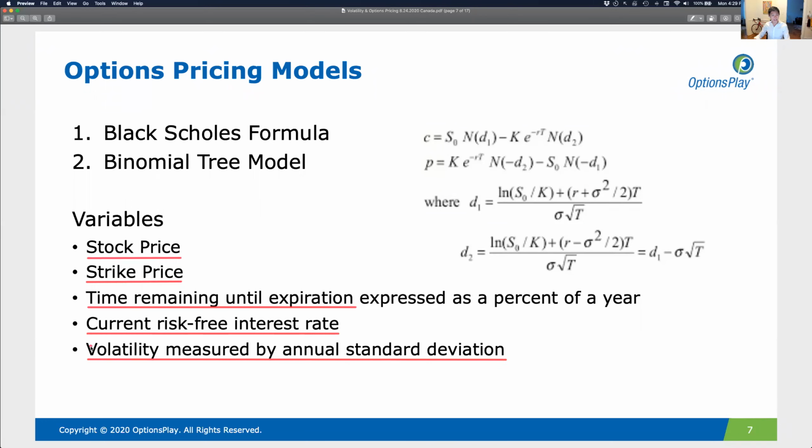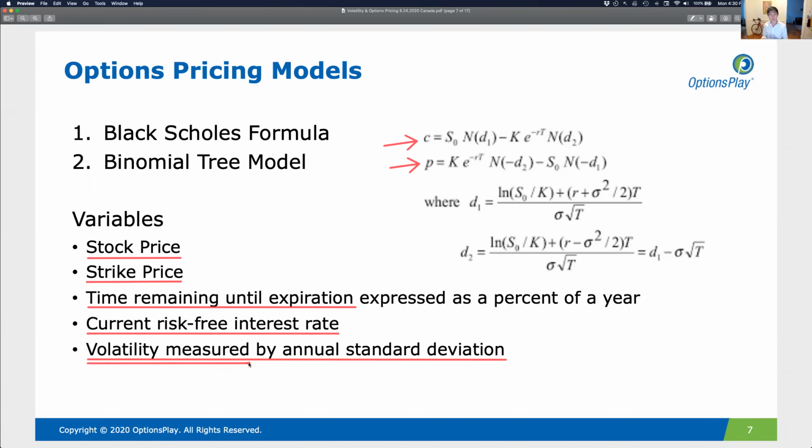Now, when we enter these variables, what we're able to get out of these two models is a call price and a put price. But this requires us to input an expected future volatility, and it's going to calculate for us what the appropriate call and put price is.